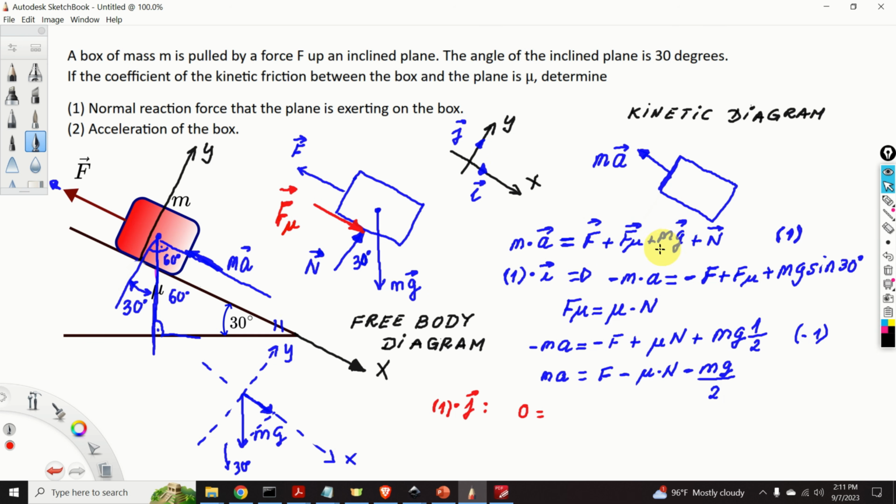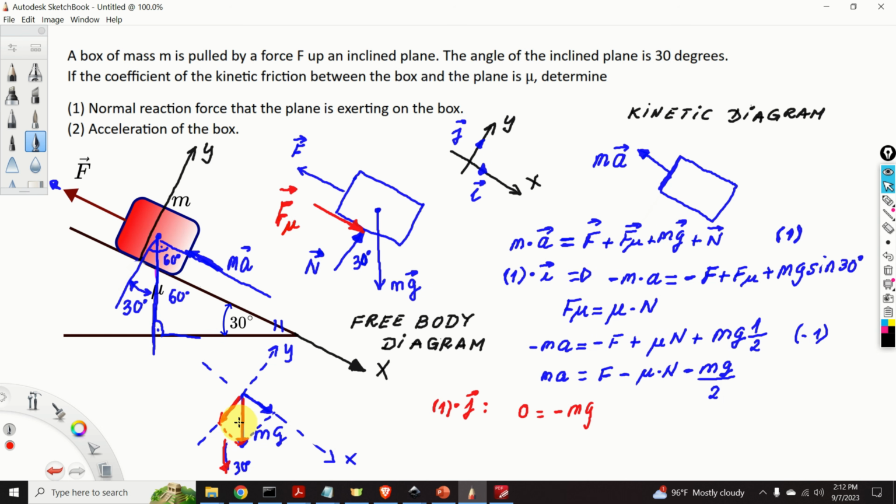How about mg? Well, to find the projection of mg on the y-axis, we will analyze again this diagram. Here's mg. We know that this angle over here is 30 degrees, and we need to find this projection. This projection is the projection of mg on the y-axis, and this projection is obviously minus mg.